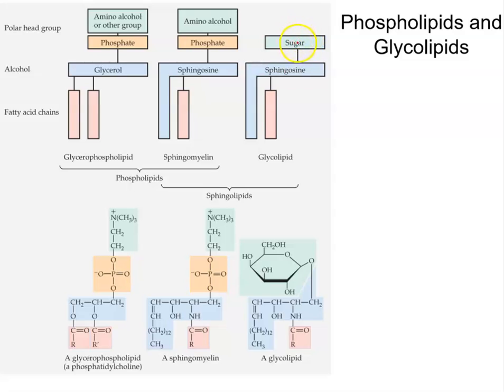Glycolipids have sugars, glyco, right? The sugars are attached covalently. Sphingomyelin has a phosphate and then an amino alcohol on top of it. Glycerophospholipids have that glycerol backbone and then an amino group or alcohol, other kinds of polar groups. These are always polar head groups.